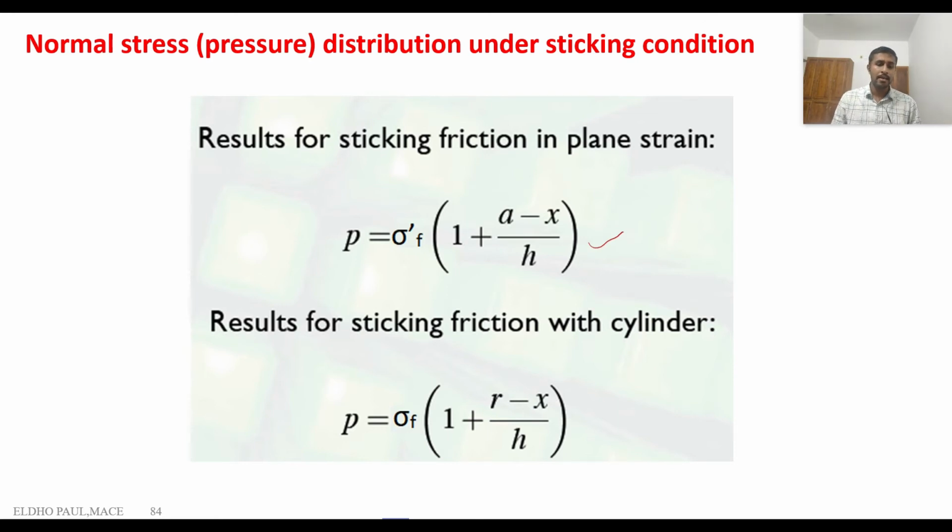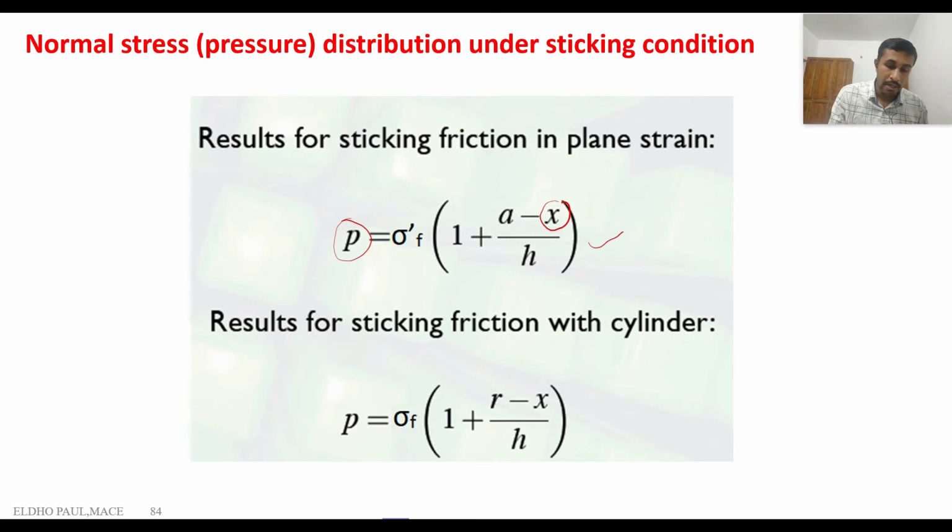That is the pressure distribution under sticking condition. Again, the pressure will vary with respect to the x value. When x equals 0, the pressure has a sigma dash F value. When x is maximum, there will be a different pressure value. So the pressure value will vary.